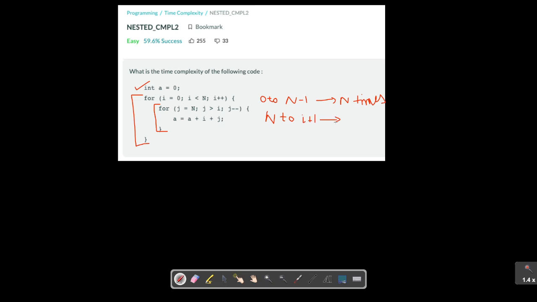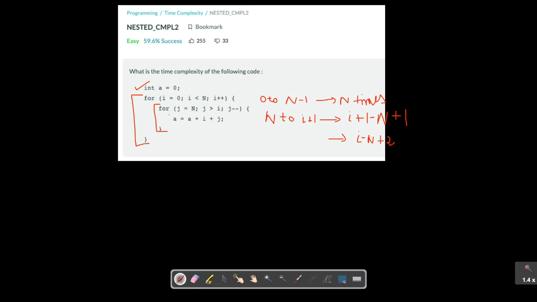That is, it will run for I plus 1 minus n plus 1, that is I minus n plus 2. It will run for this much amount of time.